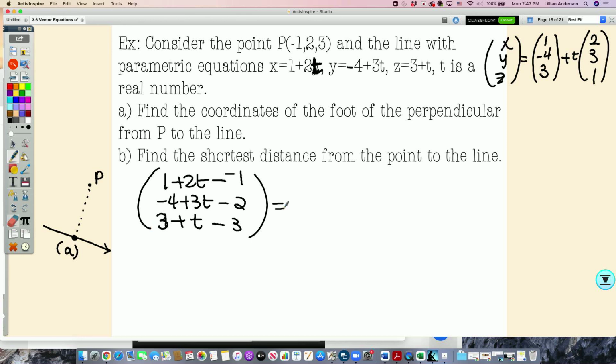So you should have had 2 plus 2t, -6 plus 3t, and then a regular t, and that is PR.